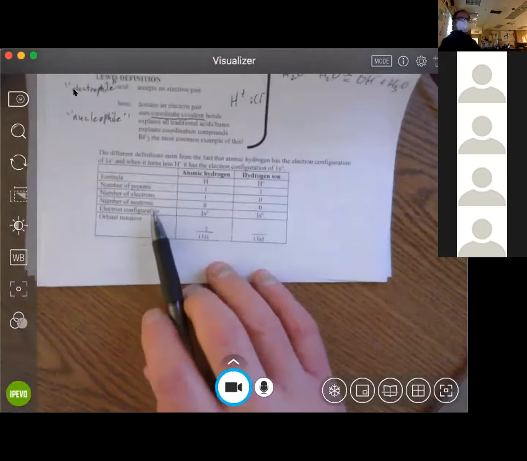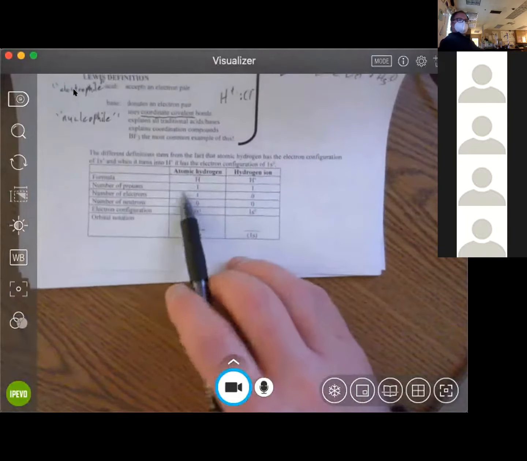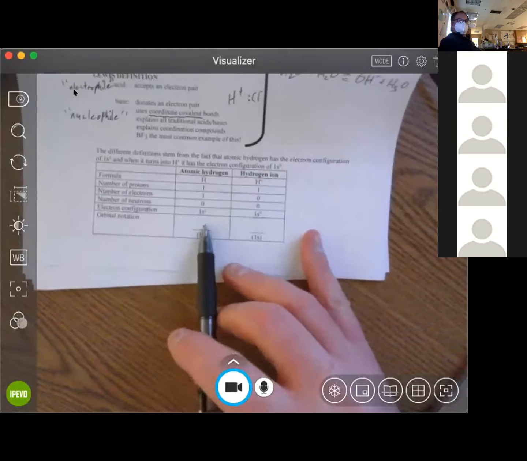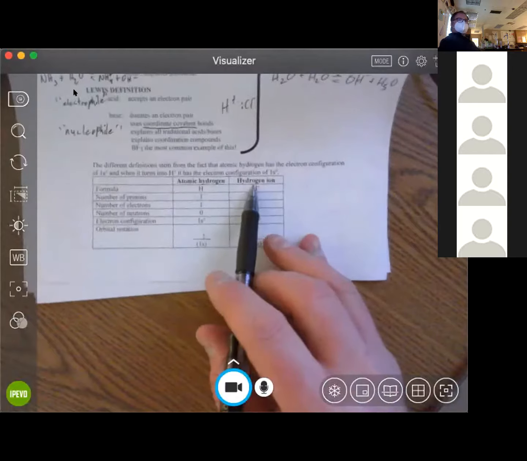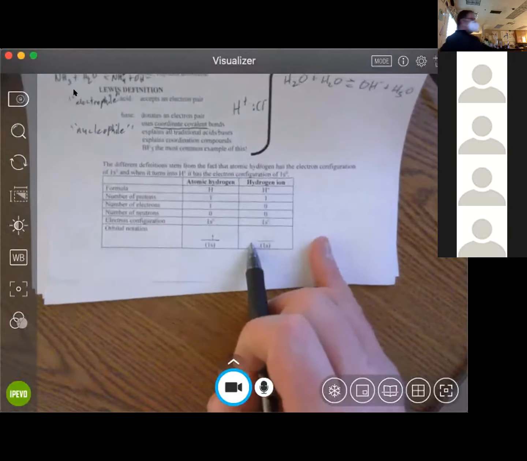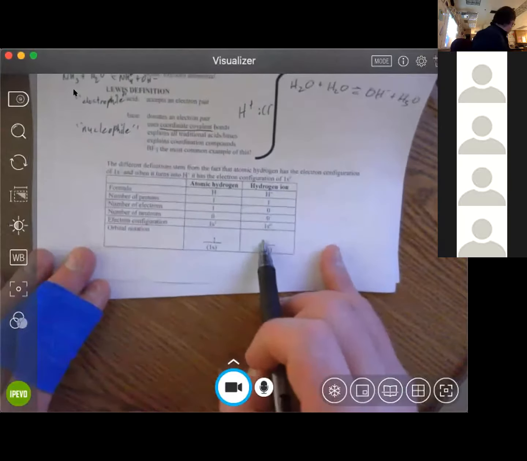This part right here talks about all of the hydrogen stuff. This would be a hydrogen in its atomic form. You can see that 1 electron. The difference with the hydrogen ion is that it does not have that, so the 1s is completely empty.